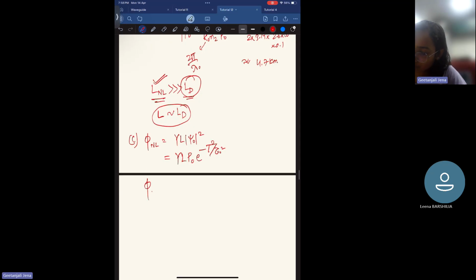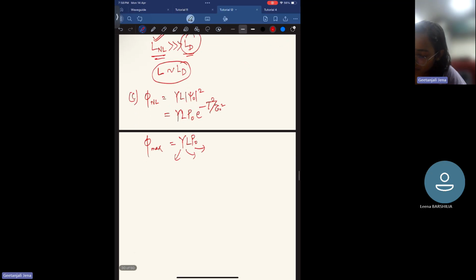The maximum value of this nonlinear phase will be gamma L P0, the peak power, length, and the nonlinear coefficient. So we have everything in our hand. This is 10 to the power 3.1, which comes to around 0.21 rad.